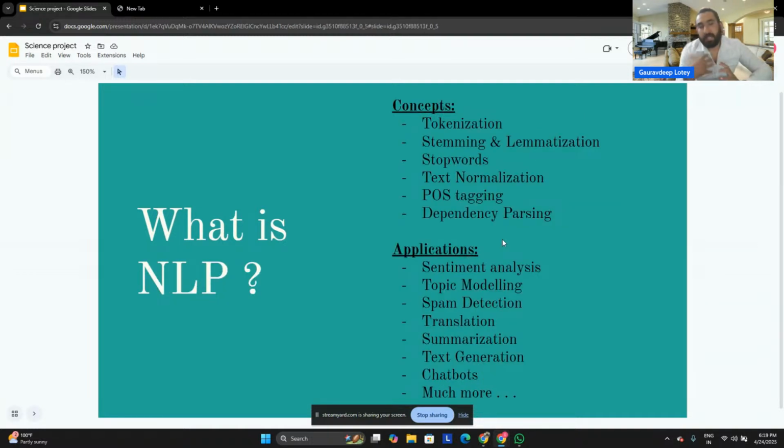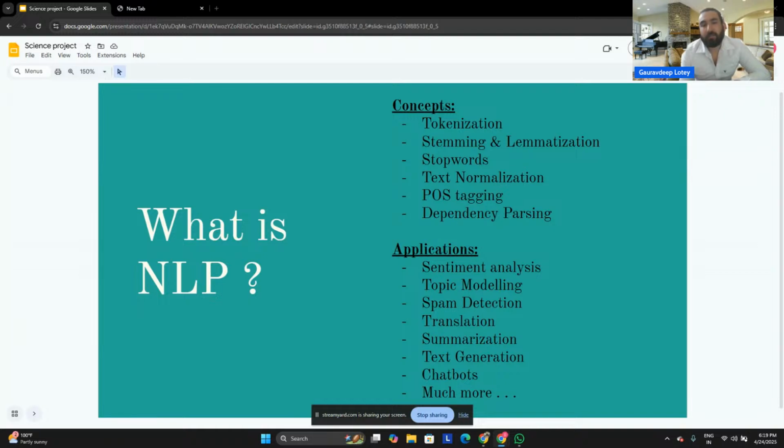So again, NLP is a concept of AI. It stands for natural language processing, okay? So when we talk about natural language processing, it is a field of computer science and AI combined together. And it has multiple machine learning algorithms and machine learning applications which we find around it.